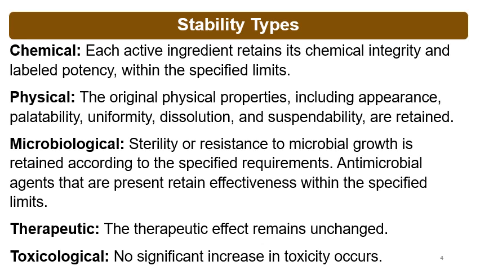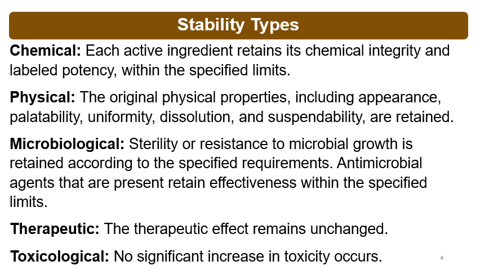Chemical stability means each active ingredient retains its chemical integrity and labeled potency within the specified limits. Simply you can remember it as assay or potency. Physical stability means the original physical properties including appearance, palatability, uniformity, dissolution and suspendability are retained. Microbiological means sterility or resistance to microbial growth is retained according to the specified requirements.